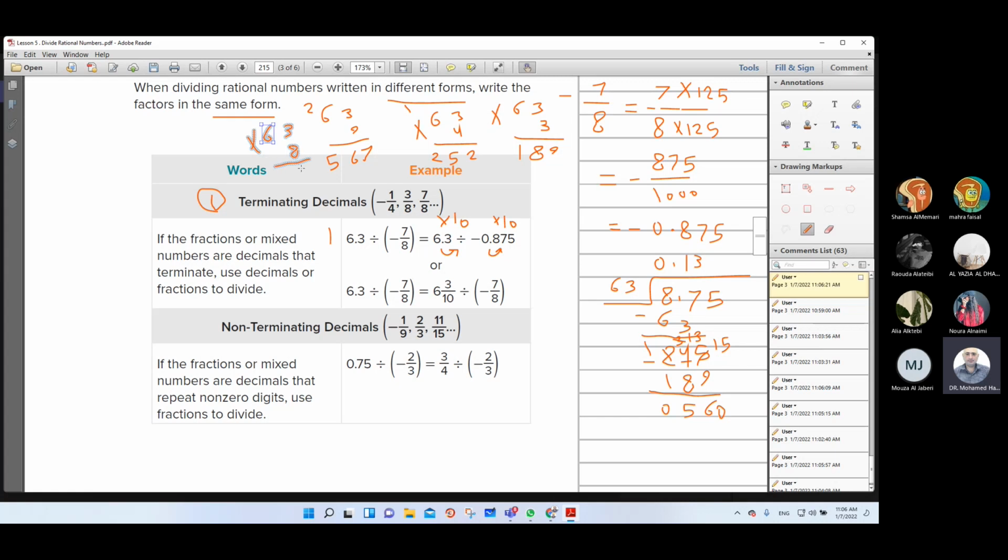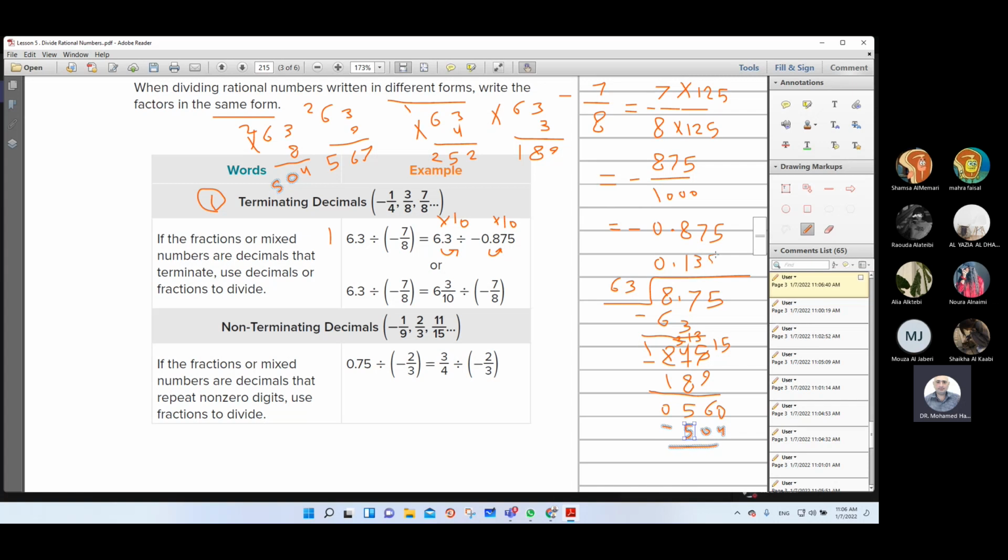8 times 3, 24, and 8 times 6, 48 plus 2, 50. So 504, and here you have 8. Now, 0 minus 4, we cannot do this operation.